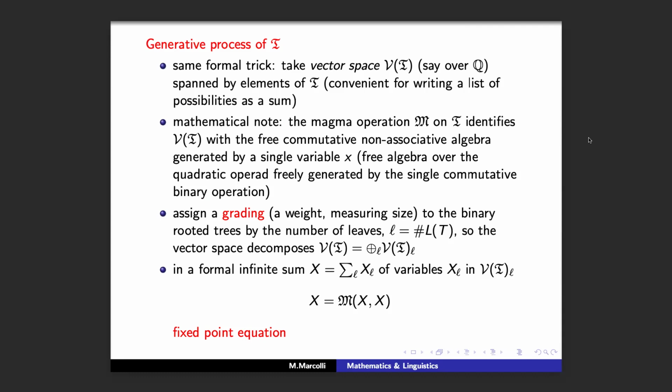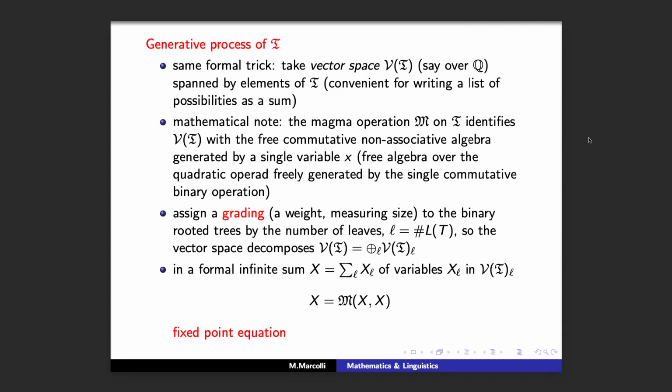But this vector space is also graded. These are binary trees, full, not necessarily complete. You can grade it by number of leaves, number of vertices, or number of internal edges. They're all equivalent, like a version of Fine summation.